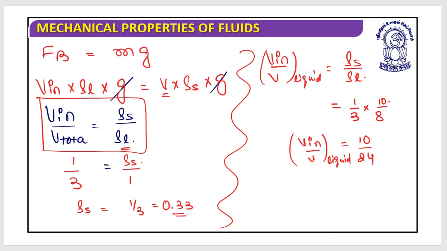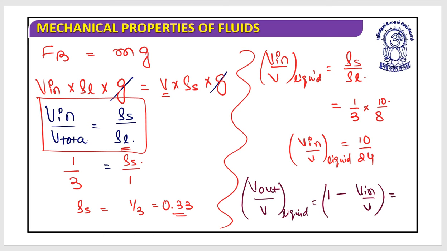Now let's suppose in the same case I am asked what fraction of its volume is outside the liquid. Then I will find this: V out by V in this liquid equals 1 minus V in by V, which is just 1 minus 10 by 24. So this will give me 14 by 24, because 24 minus 10 is 14, and you can solve this further.